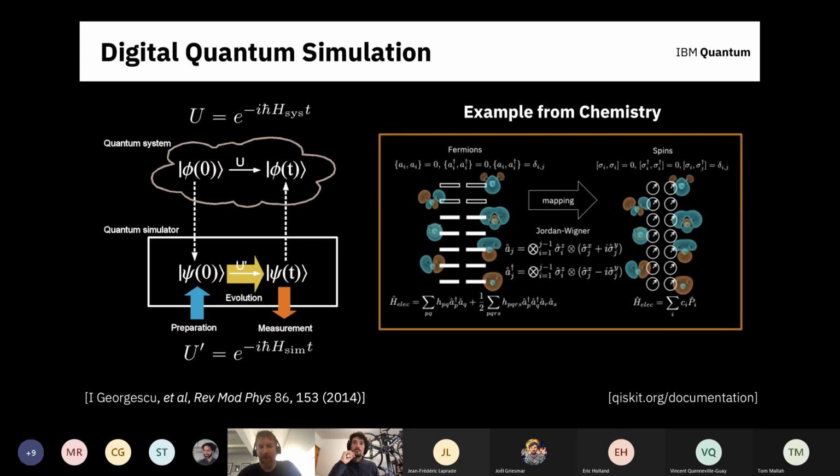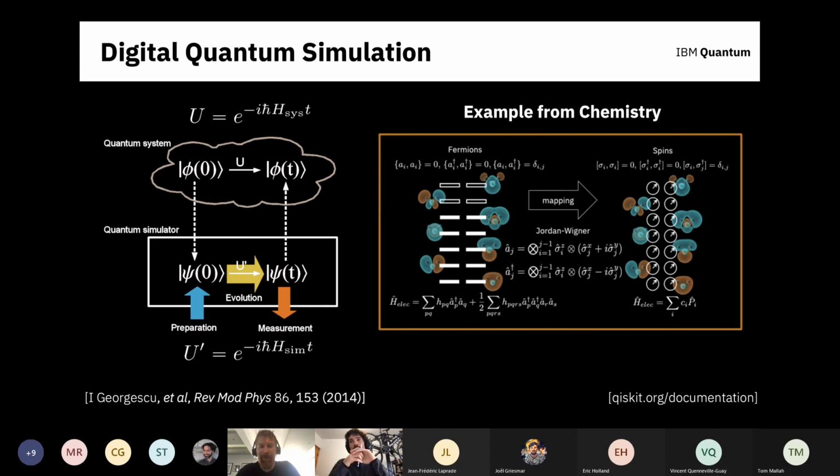An example from chemistry, which we work a lot on, is mapping molecular orbitals, which obey fermionic statistics, to the spin Hamiltonian that the quantum computer obeys. One way you can map these fermionic Hamiltonians is by taking the operators and doing something called a Jordan-Wigner decomposition. This is not the only way you can do that. There are several different ways; Bravyi-Kitaev and BK superfast parity come to mind.